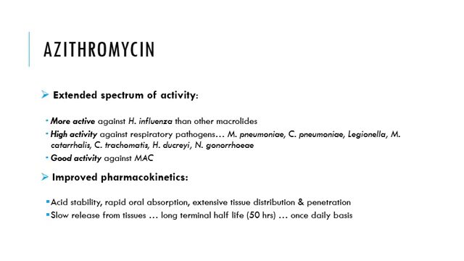It has another important advantage compared to the other macrolides: improved pharmacokinetics. It is acid stable, with rapid oral absorption, extensive tissue distribution and penetration. That is the very important advantage of azithromycin, and slow release from the tissues makes its terminal half-life long, almost about 50 hours, and therefore azithromycin can be used once daily.